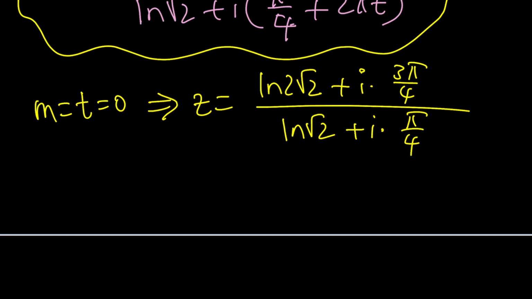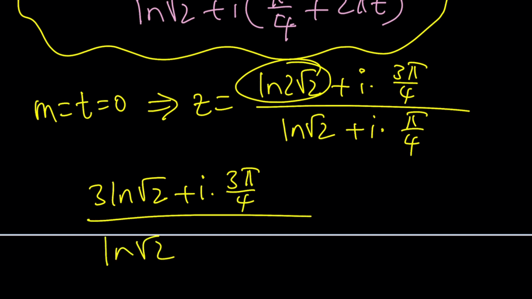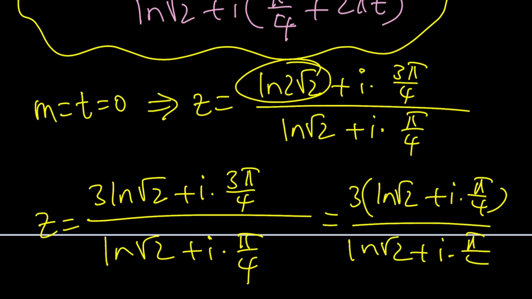So I can write this as 3 ln root 2, because that's cubed, plus i times 3 pi over 4, divided by ln root 2 plus i times pi over 4. And then finally, factor out a 3: 3 times ln root 2 plus i times pi over 4 divided by ln root 2 plus i times pi over 4. Uh-oh. Houston, we have a solution.